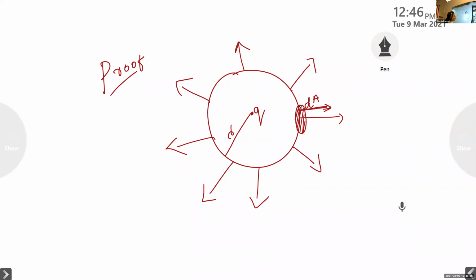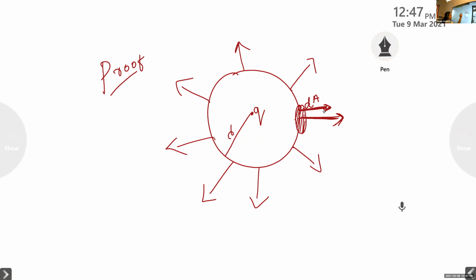Okay. Now, what is the direction of the electric field? The direction of the electric field is also in this direction, right? The direction of the electric field is the same as the direction of the area vector, right? Is there any doubt? No, ma'am. Here we are considering a charge.